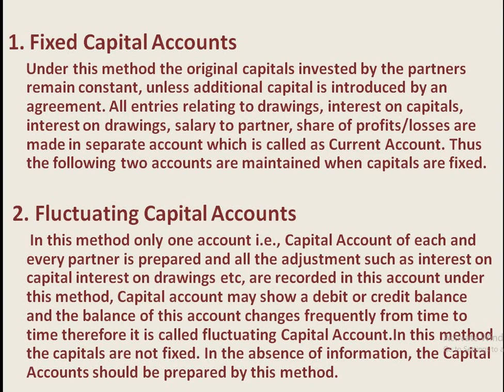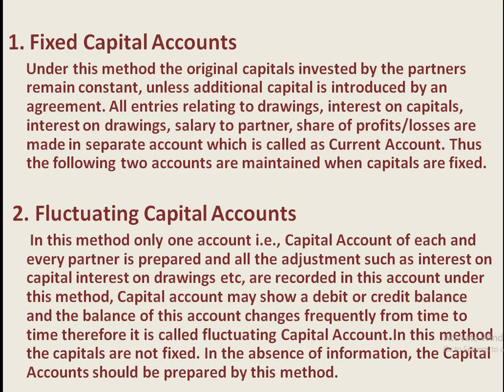A firm which follows this method, fixed capital account method, maintains two accounts for each partner. They maintain a capital account, and with the capital account they maintain a current account of the partner. In capital account, only capital of the owner is shown, while all other transactions related with the partner are recorded in current account. So what happens in the beginning of the year? Suppose A's capital account shows 1 lakh balance.